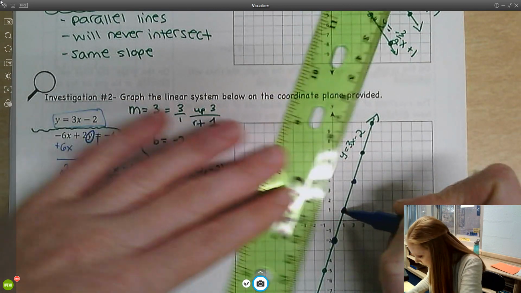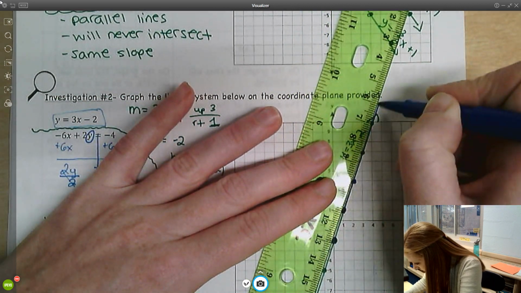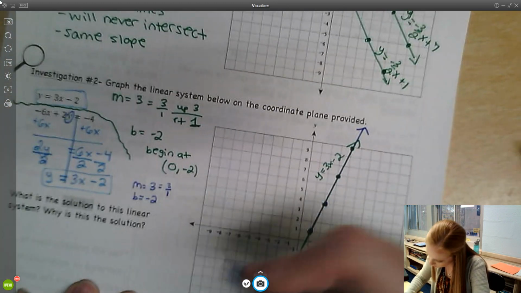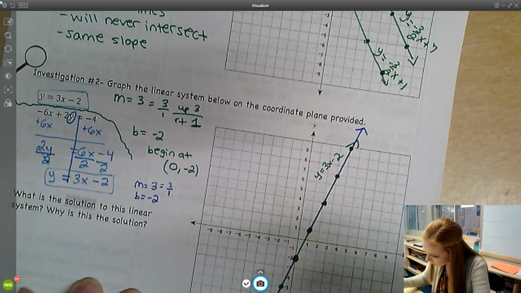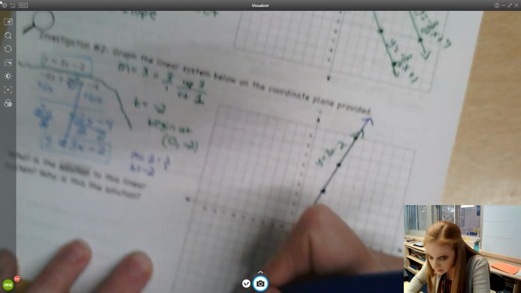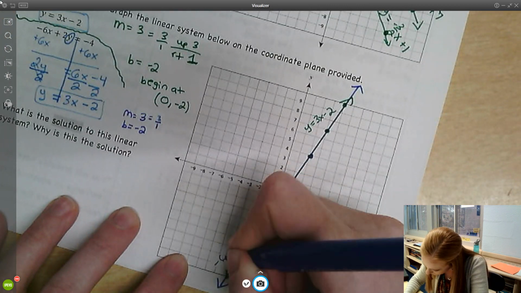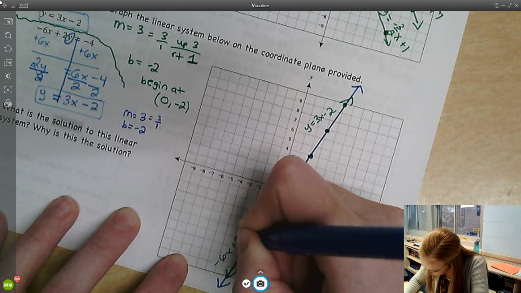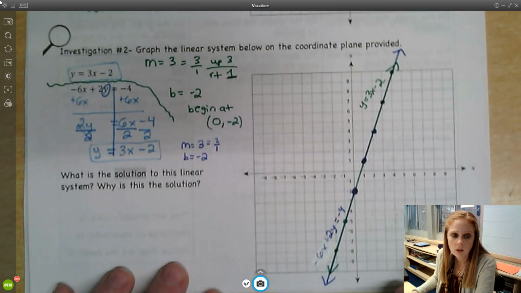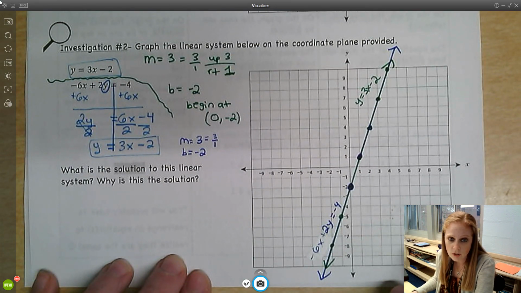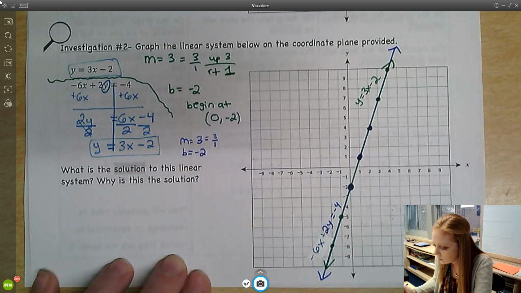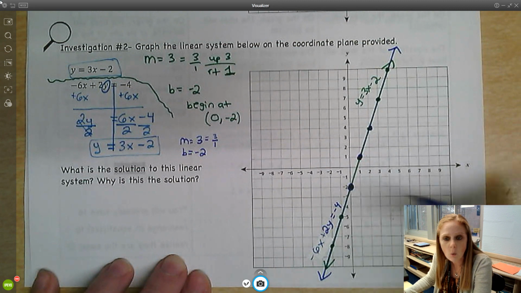I'll color that one blue too. We're going to write this with the original, which was negative 6x plus 2y equals negative 4. So even though the equations looked different at the beginning, they actually turned out to be the exact same line once we moved terms around to make it in y equals mx plus b form. It's like one line on top of the other.